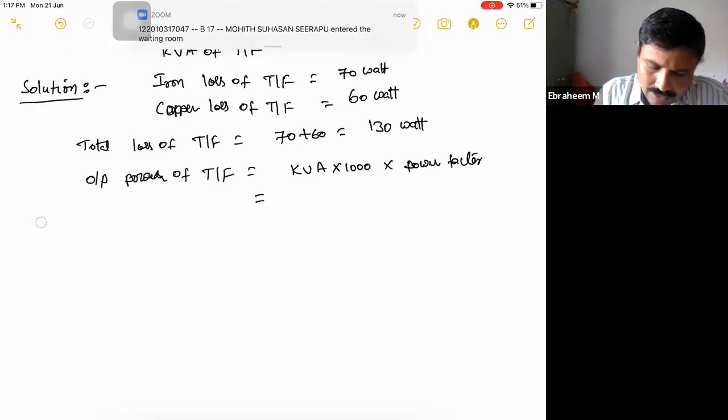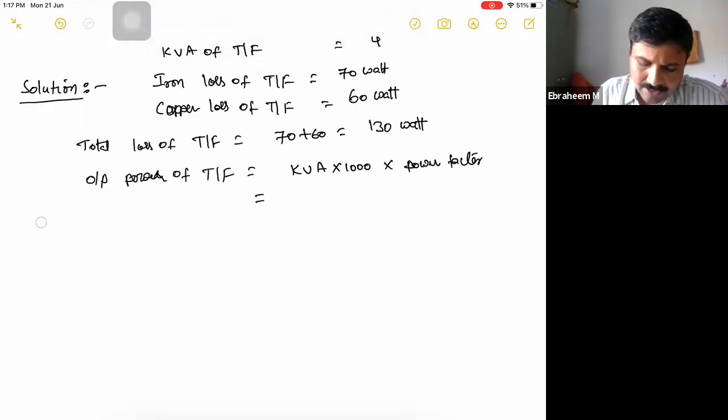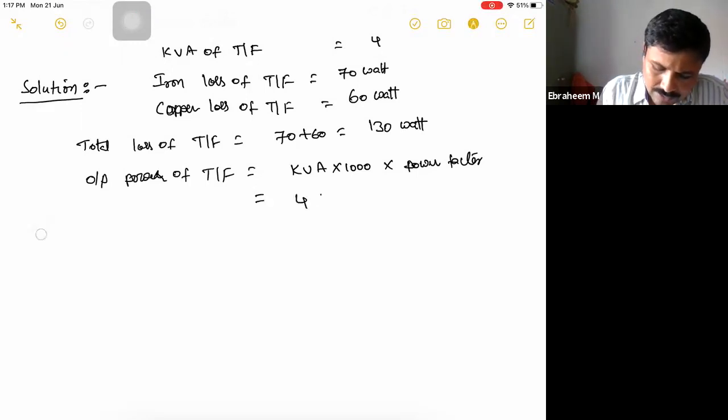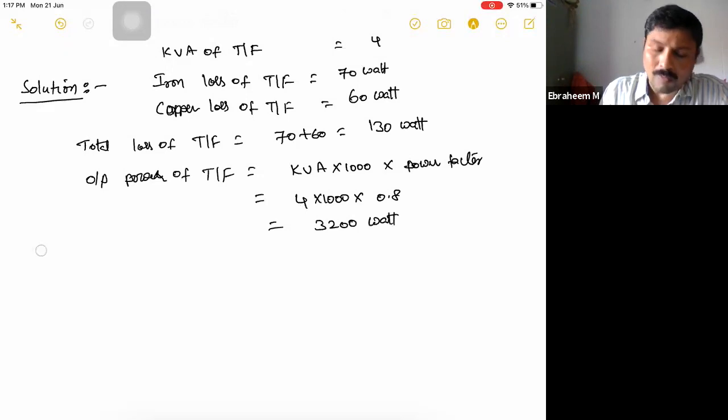If you multiply without the 1000, you get kilowatt. That's it. So this is 4 into 1000 into 0.8, so this is 3200 watt. Okay, now output is there.